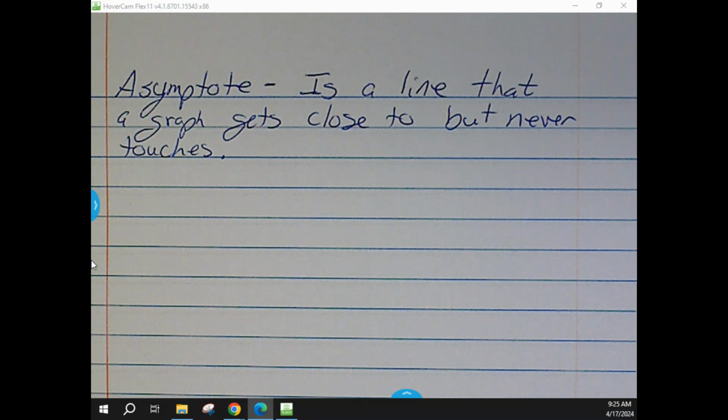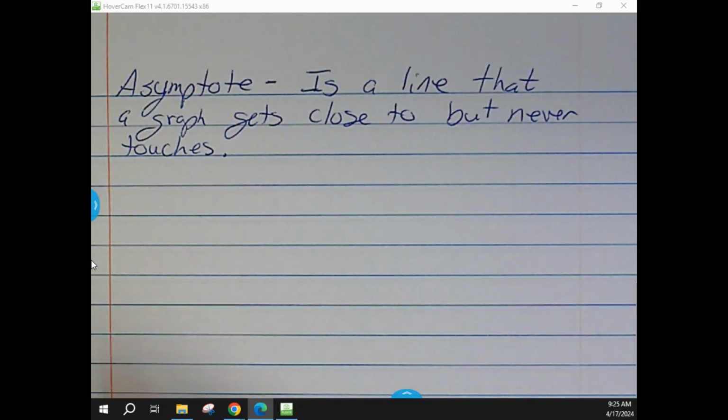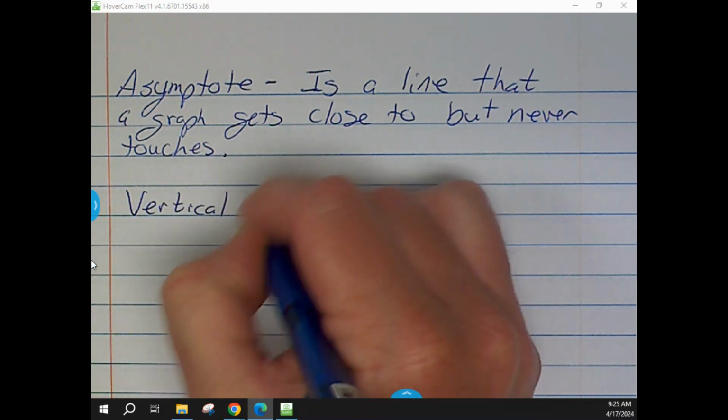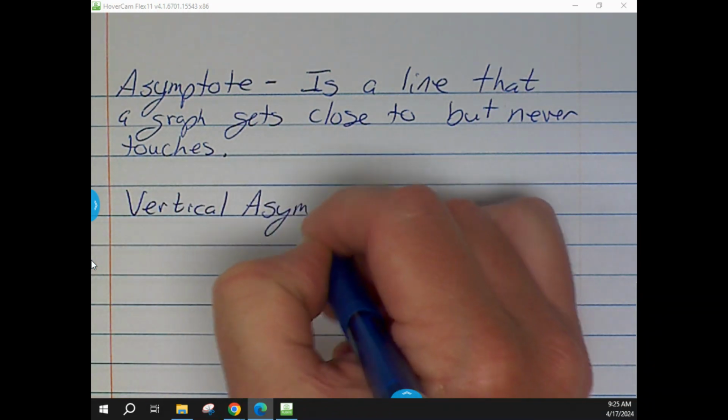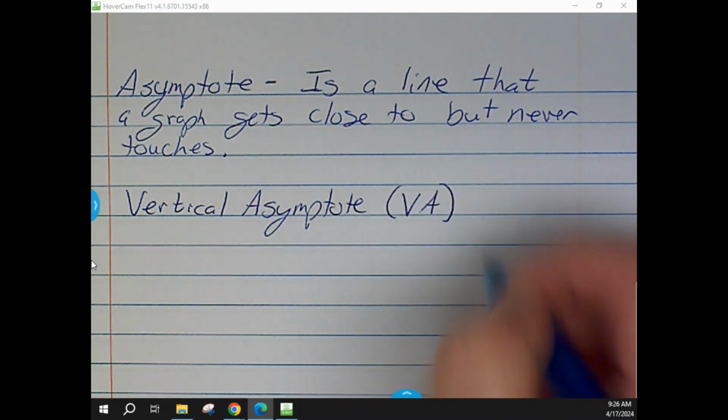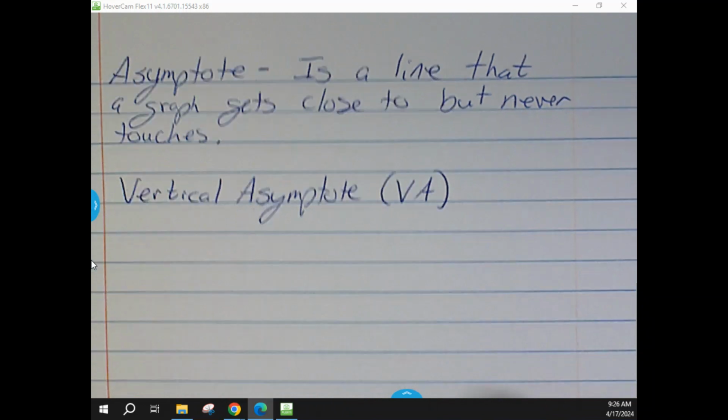Can you ever get to infinity? No, you can keep moving in that general direction, but you never quite get there. With these, there are two different types of asymptotes. You have a vertical asymptote, which for short we'll just call VA, because that's a lot easier than saying vertical asymptote.